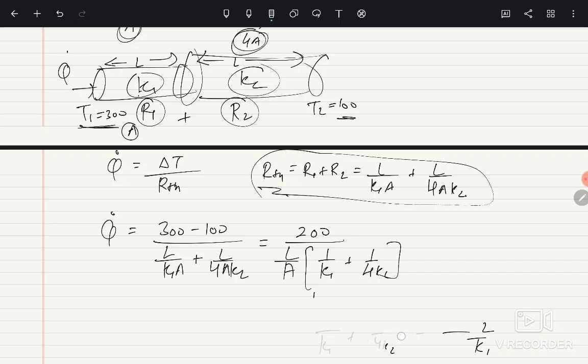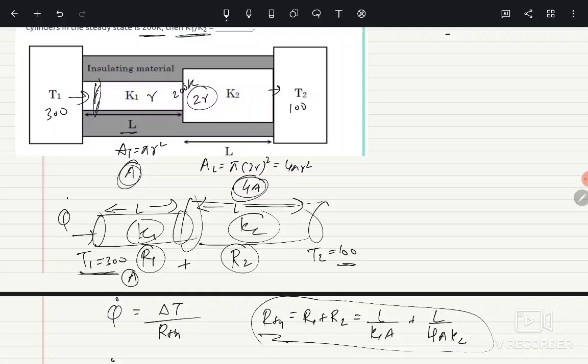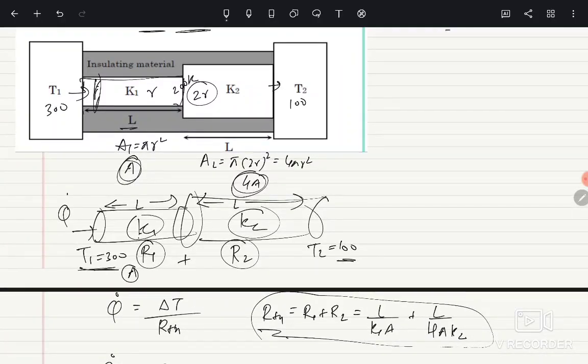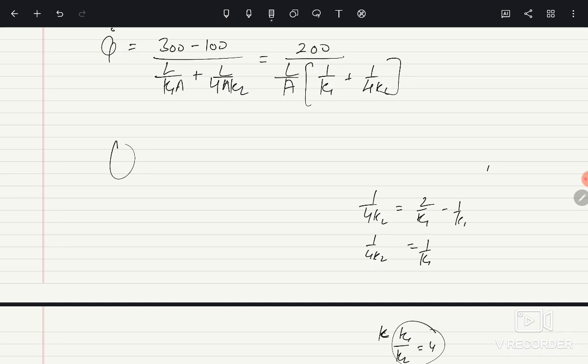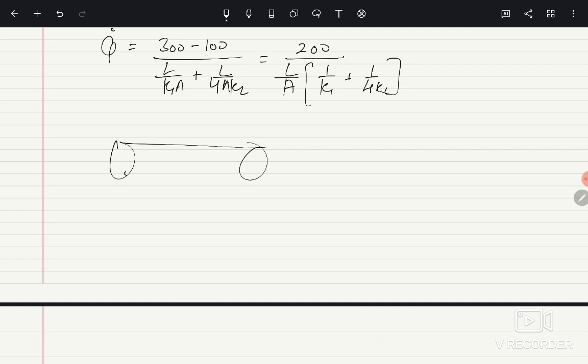Okay. In the next portion, we just have to take this material, K1 only. The same heat is going through this to this point.